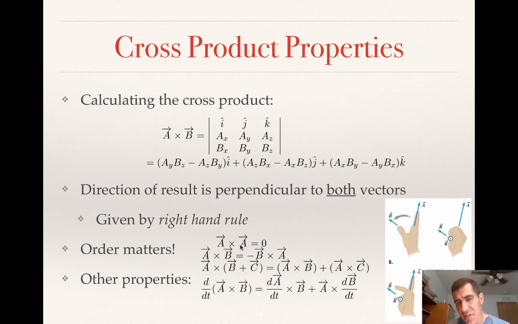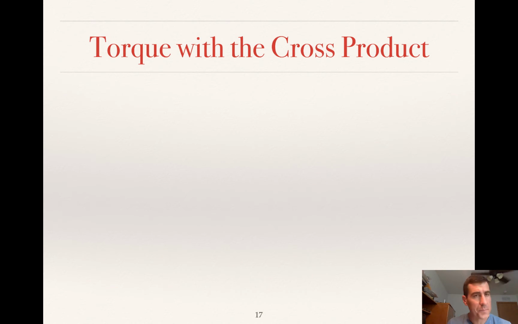So if the angle between them is 0, then the cross product gives you 0. Now the important one that I want to point out is this second line. If you take A cross B, that's actually negative B cross A. So the cross product can be kind of tricky, so order matters, because if you do it in the opposite order, it introduces a minus sign. So you do have to keep track of the order.